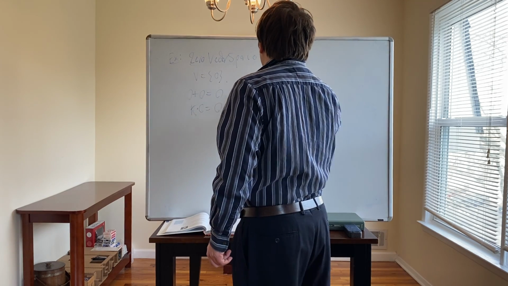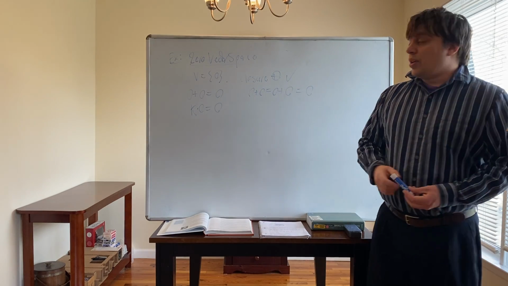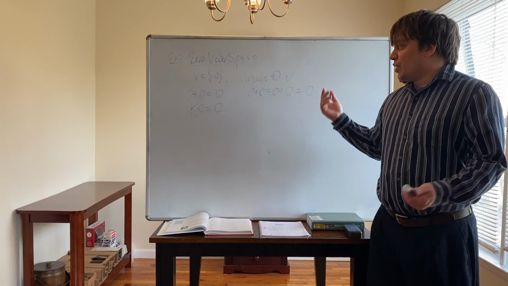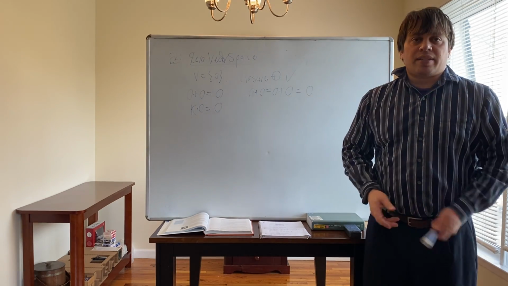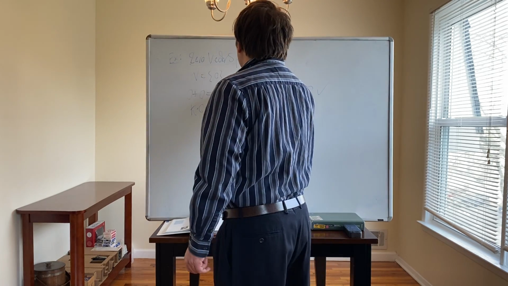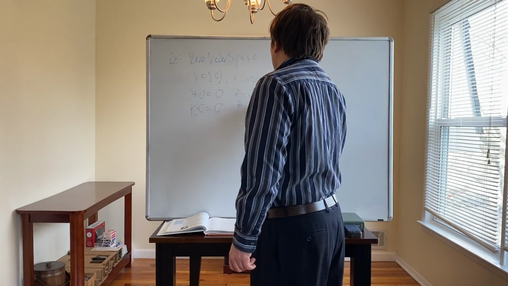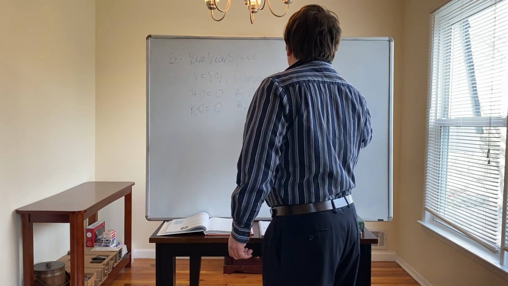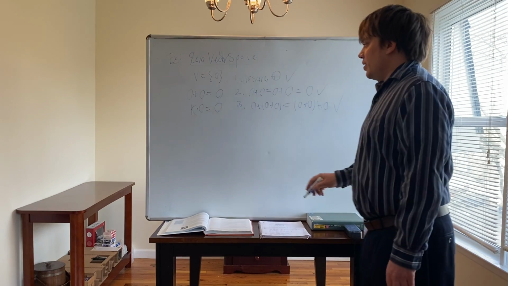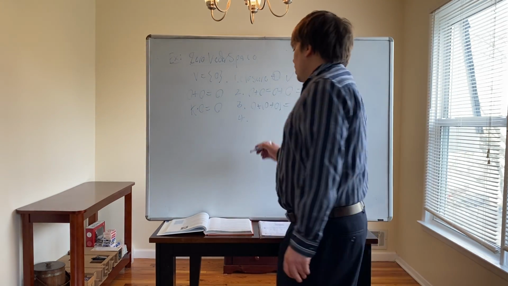If you switch the order, the only thing you can add is 0, and so u plus v equals v plus u holds because 0 plus 0, you switch them, it's the exact same thing. So the second condition holds. The third condition is associativity. Again, there's only one element, so that definitely holds.